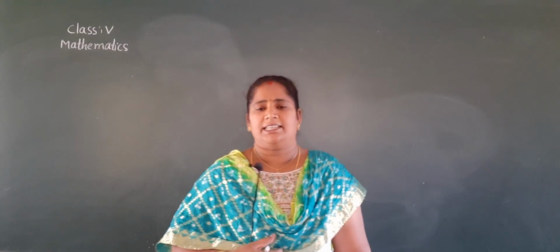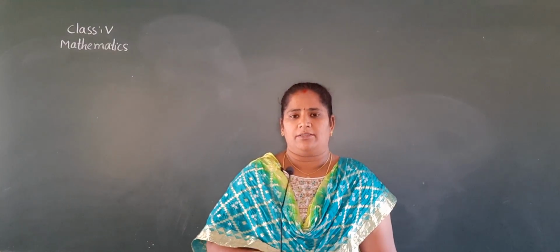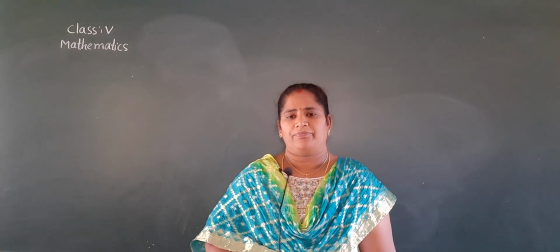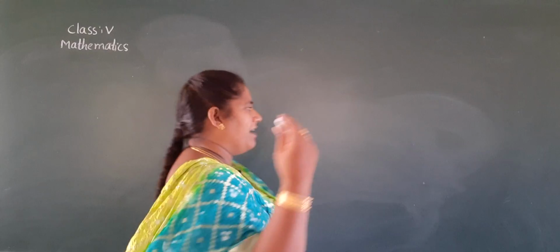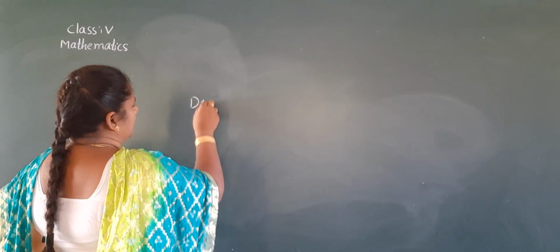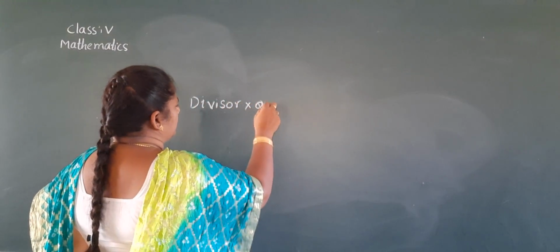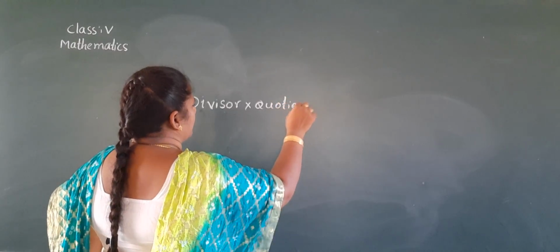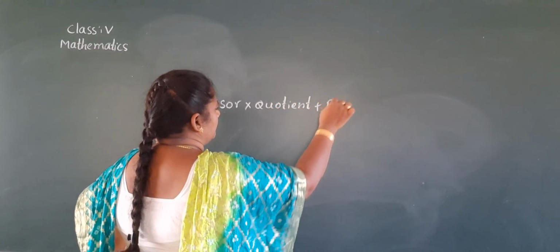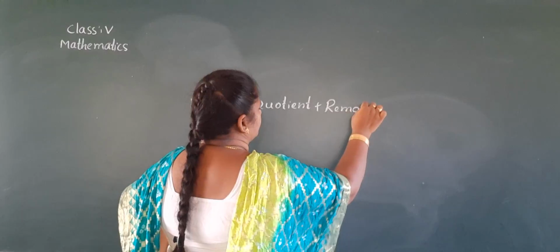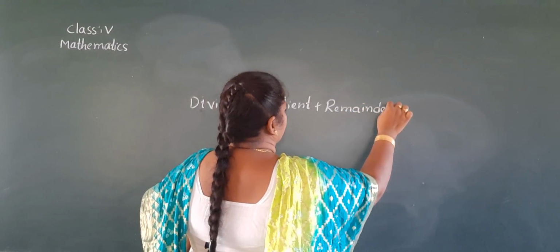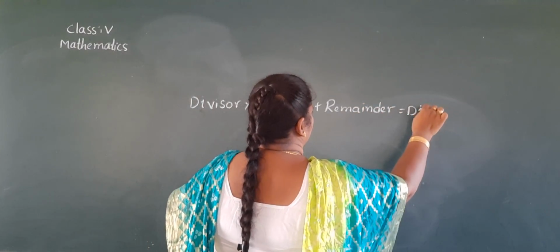To verify the result of division, we use one formula. Tell me that formula. Yes, very good. Divisor into quotient plus remainder equal to dividend.